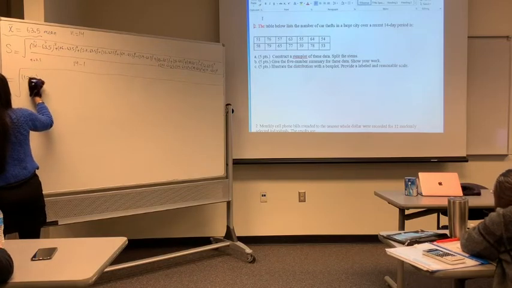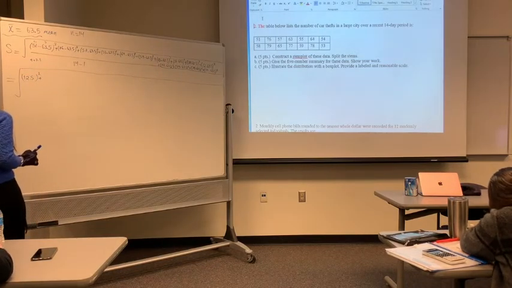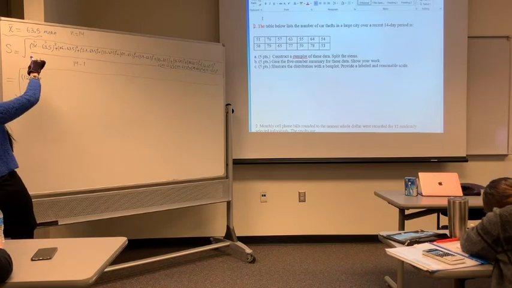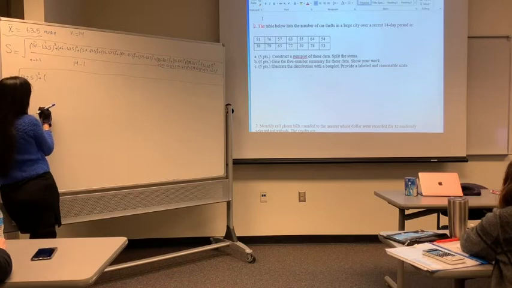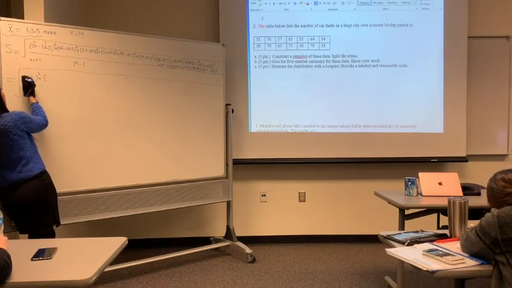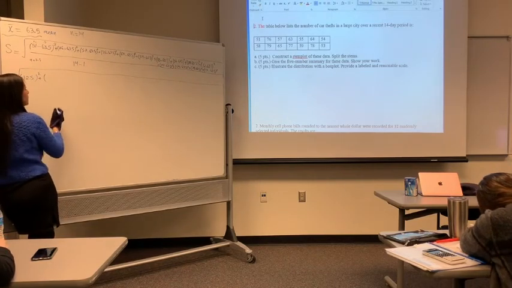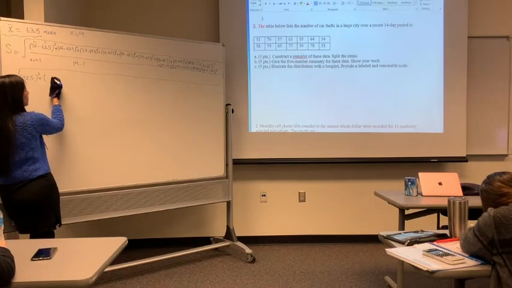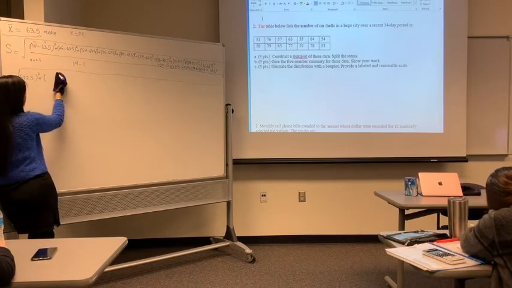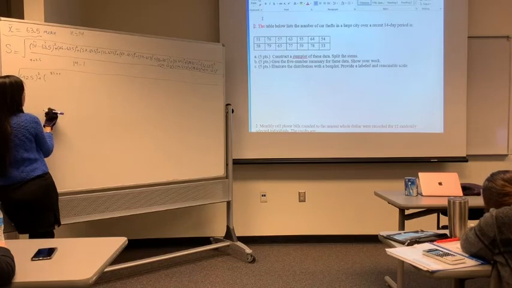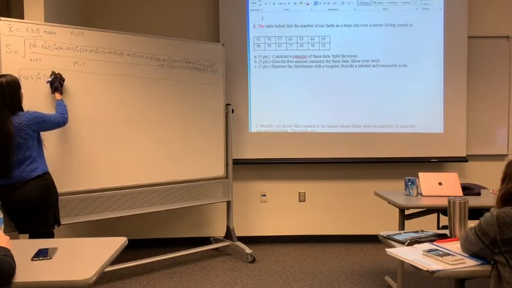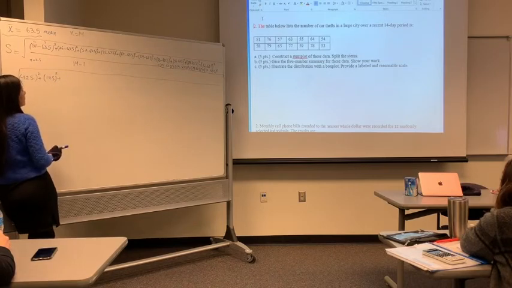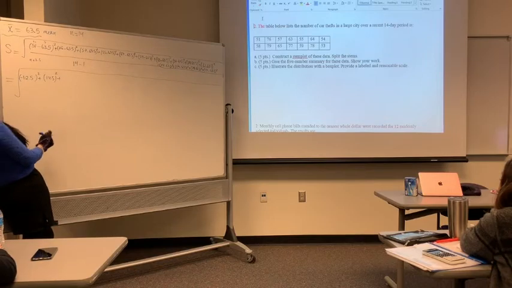Now I have 12.5 power 2. Calculate this to see if I'm right. Actually, we have a negative sign for the first one. And then for the second one, we have 12.5. The next one? Yeah, it's still 12.5.